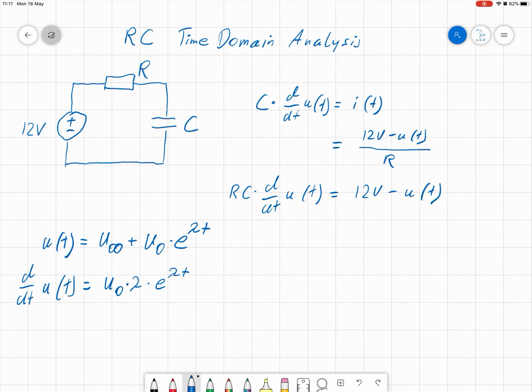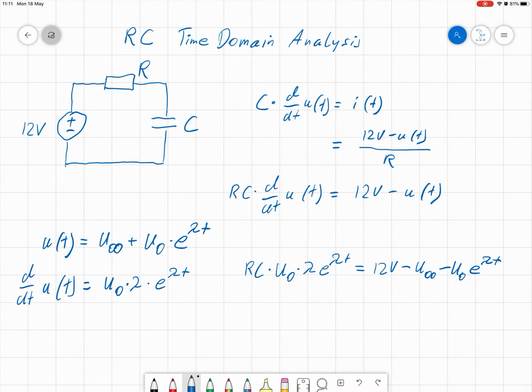Now we can insert this into our differential equation. So we get RC times U naught times lambda times e to the lambda t is equal to 12 volts minus, now we need to be careful here, (U infinity minus U naught e to the lambda t).